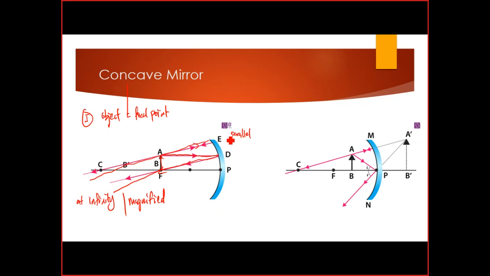All right, and the next one, this is at F. The last one, number 6, is when the object is located at less than the focal point. This is the focal point, this is our object. If this is the case, you cannot really just go straight and then go to the focal point, because this does not work; the light ray is going to come back to your object.